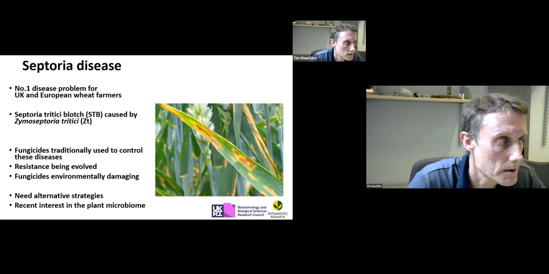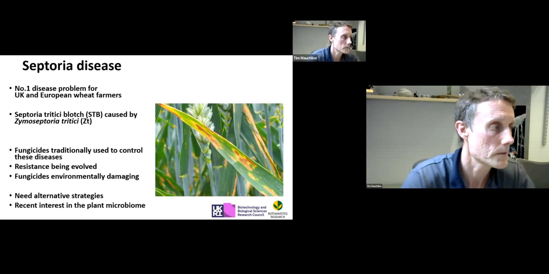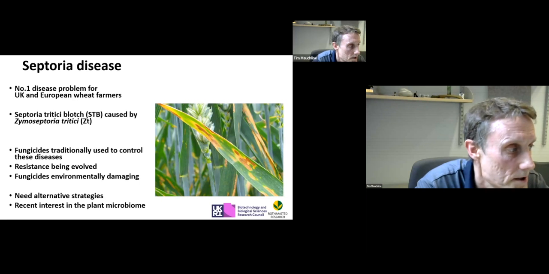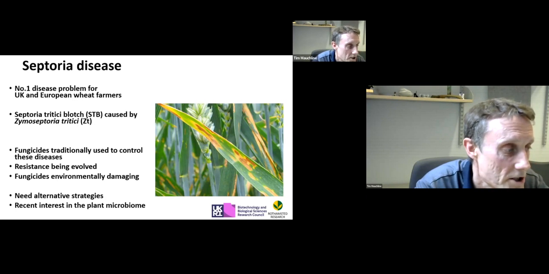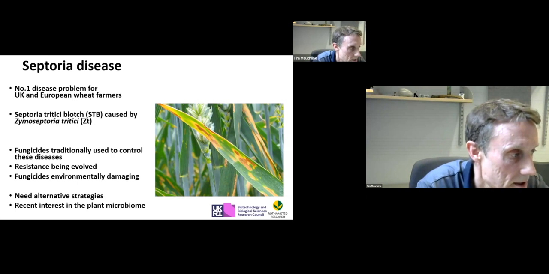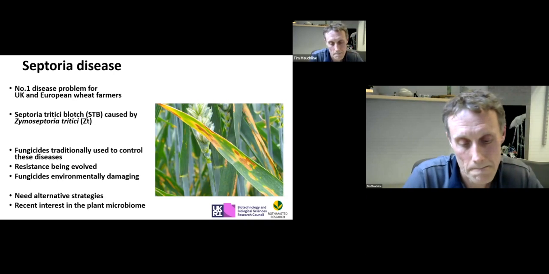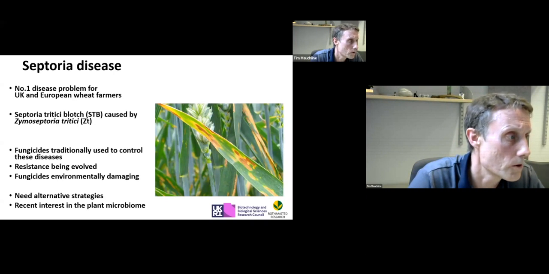Septoria is an important wheat disease, and it's a big problem for UK as well as the rest of European wheat farmers, and it's caused by Zymoseptoria tritici. Fungicides are traditionally used to control this disease, but resistance is being evolved, and we're thinking about developing new alternative strategies to control this fungus, and we think that the plant microbiome could be a good source to do that, either as biological control agents or as a source of natural products.